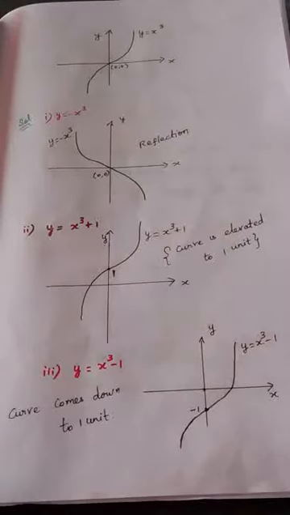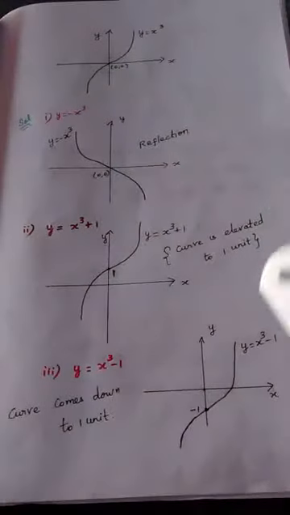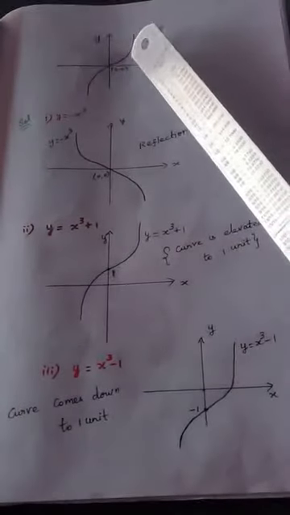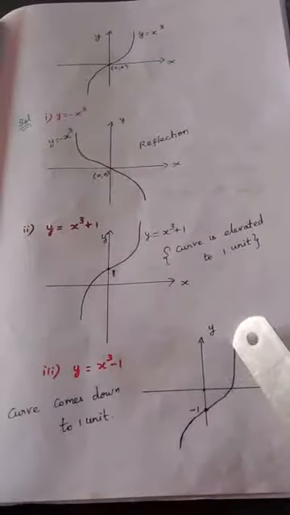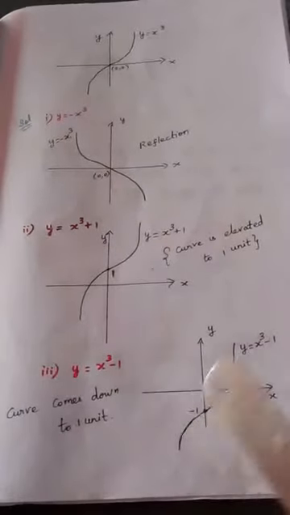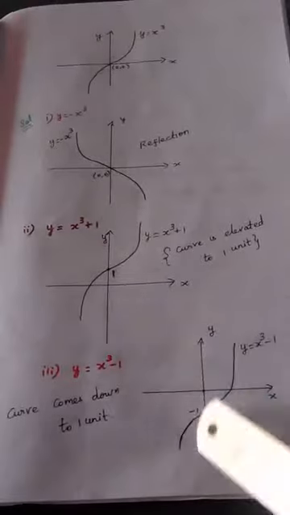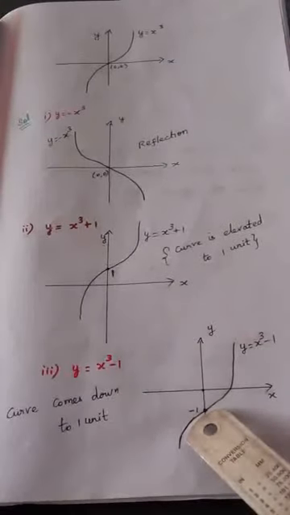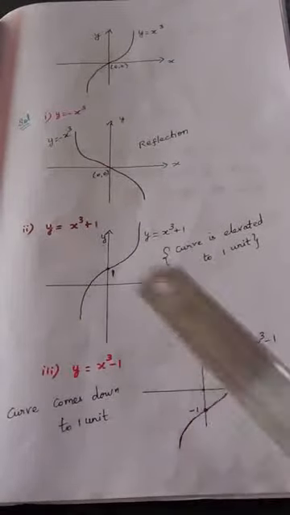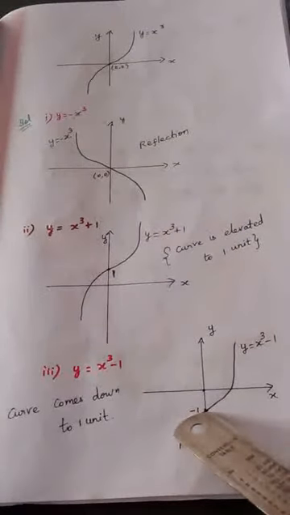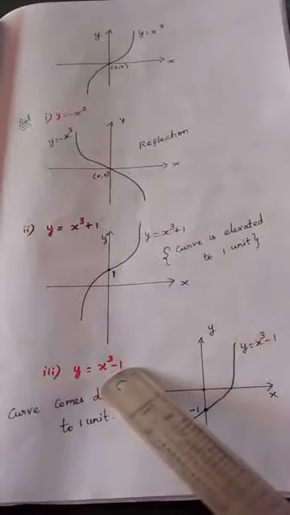So if you see this diagram, this passes through the origin, but that diagram passes through minus 1, because the diagram gets shifted downwards by 1 unit in the y axis. It gets dropped down by 1 unit because of this minus 1.